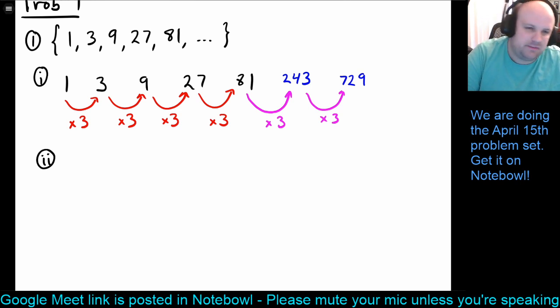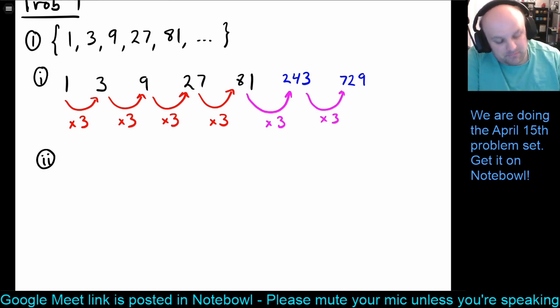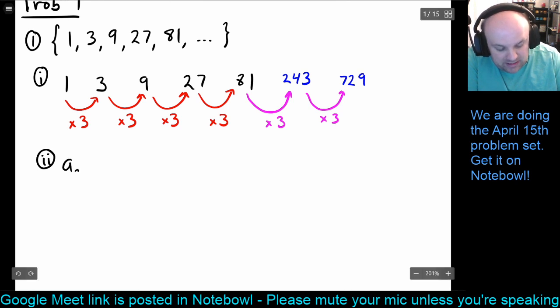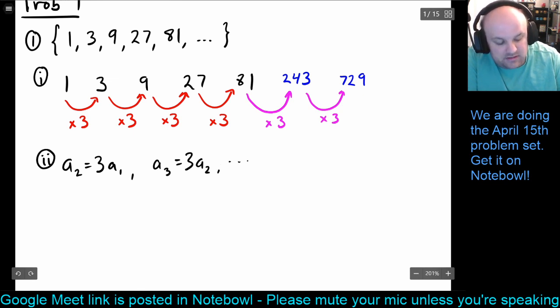Sometimes it's a bit trickier. Let's look at this. To move from one term to the next, we just multiply the earlier term by 3. So A2 is 3 times A1. A3 is 3 times A2, and so on.